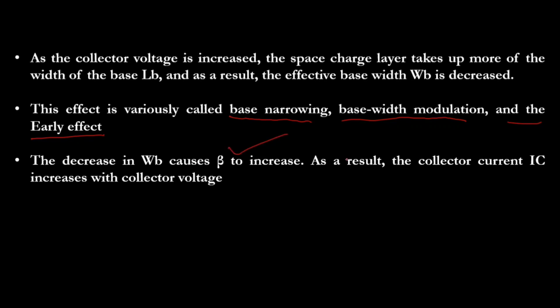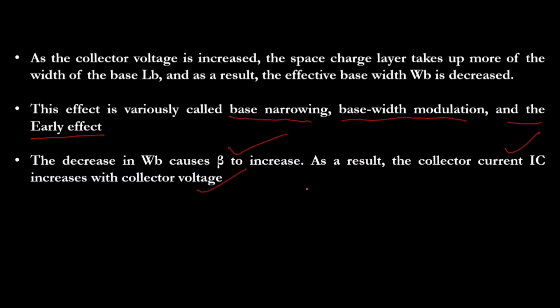As a result, the collector current IC increases. Why is the collector current increasing? If the base is becoming narrower and narrower, more of the holes injected from the emitter are going to reach the collector. So the beta value is going to be more, and the IC value increases.